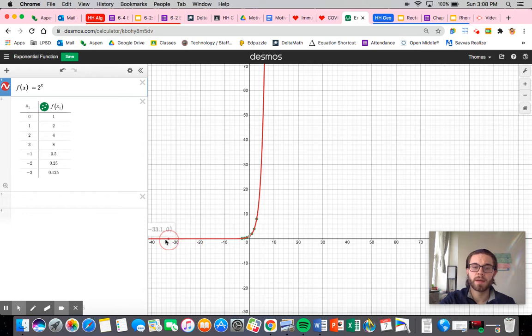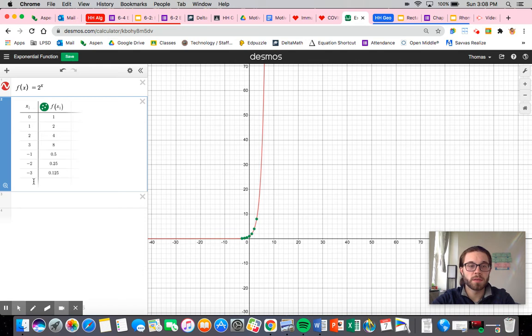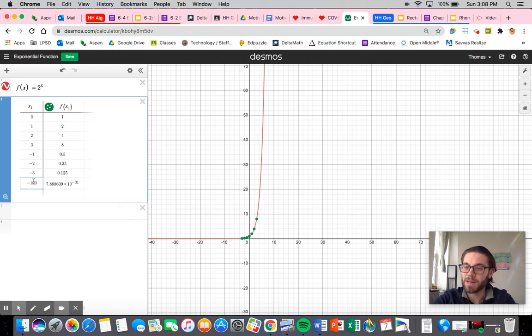It is rounding, but that's just because anything beyond 3 decimal places is still 0, right? But if I plugged in a negative number like negative 100, it says it's 0, but it's not really 0.